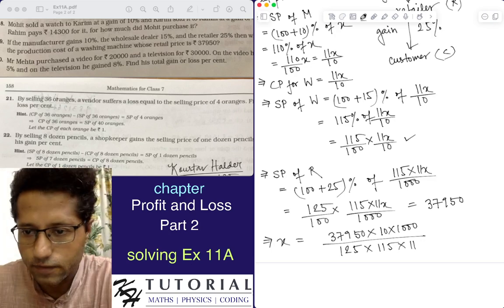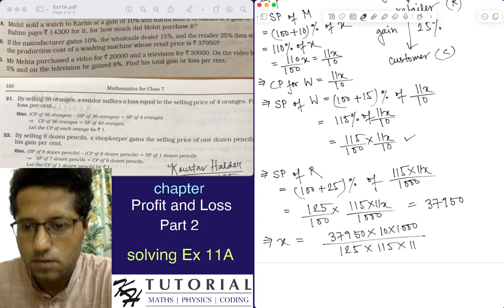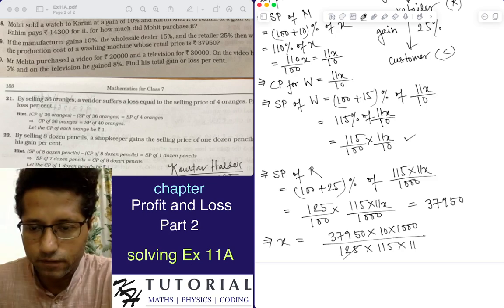I guess 11 will divide 115, 125. Okay, so 125, if you divide 125 with 25 we have 5, and if you divide 1000 with 25 we have 40.